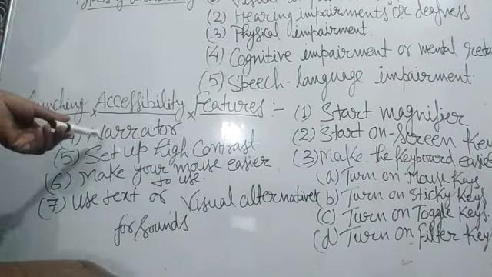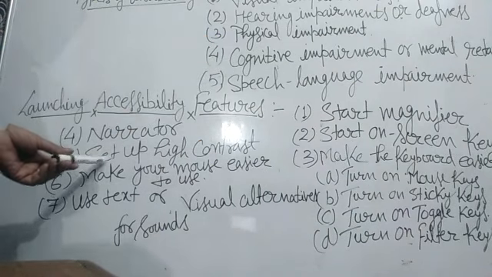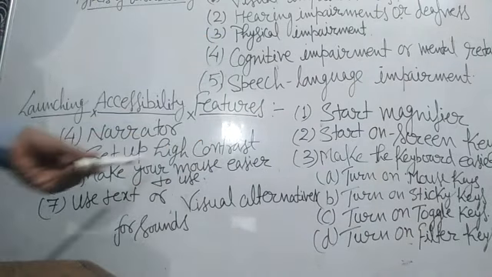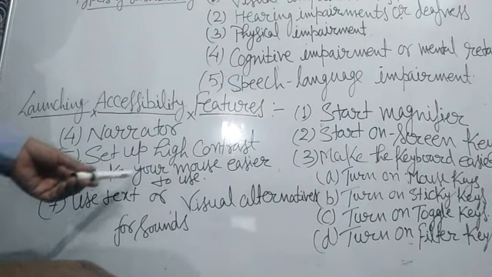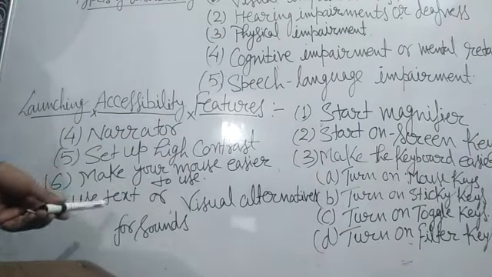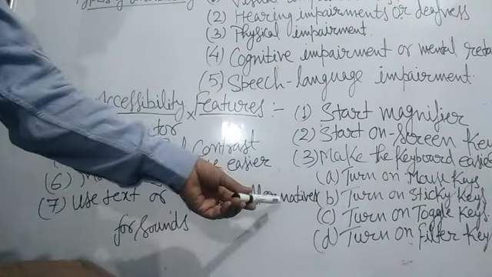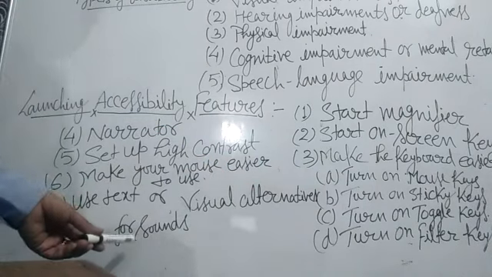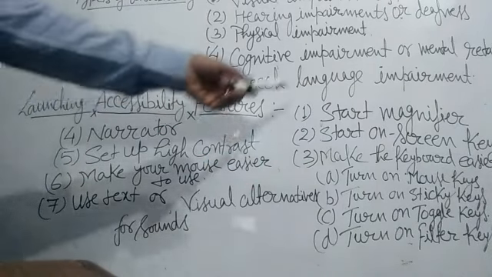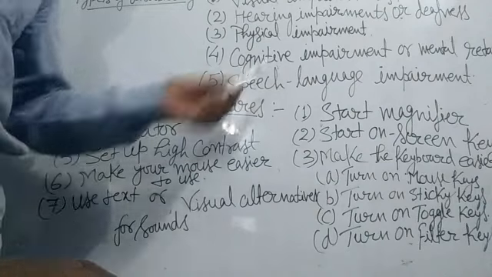And fourth, Narrator, set up High Contrast, make your mouse easier to use, text or visual alternatives for sound. These are the accessibility features. Now I am going to discuss one by one.